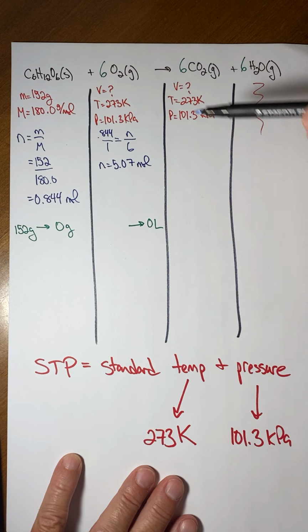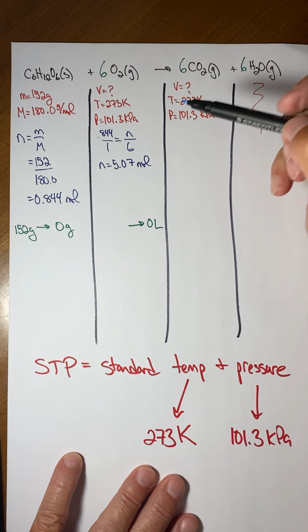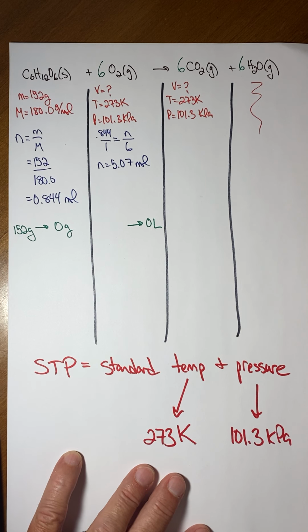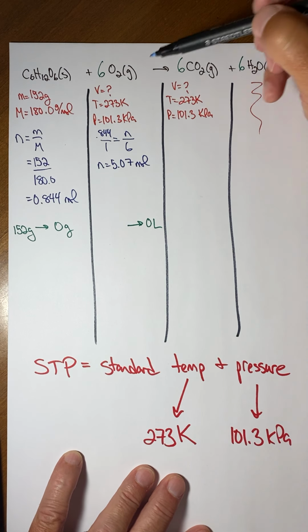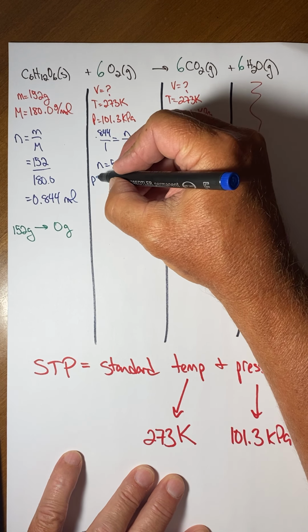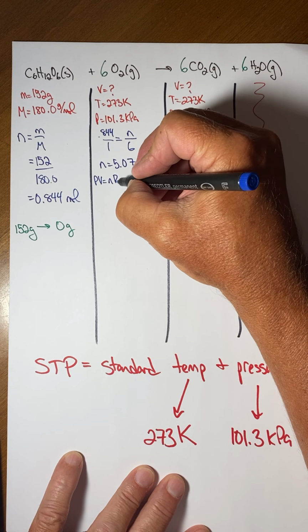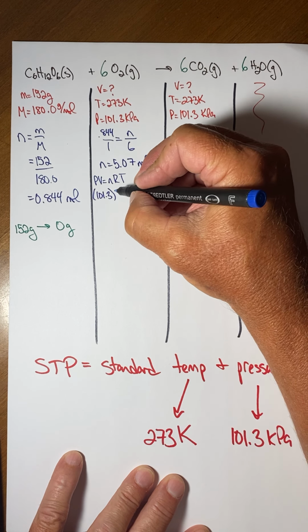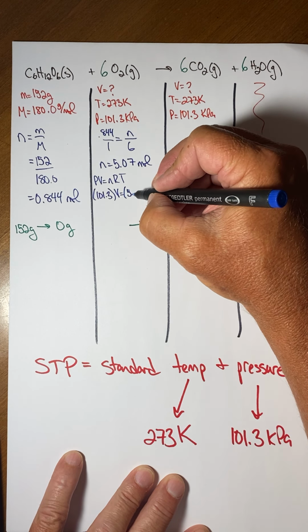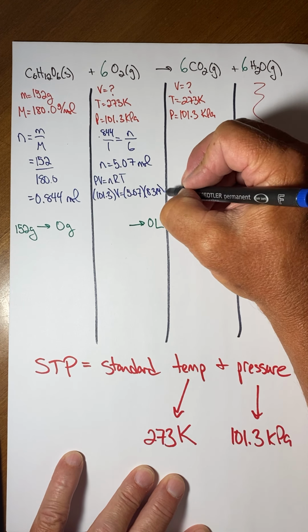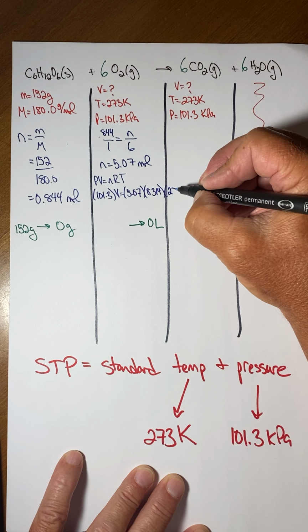Okay. Now, I want to find volume. It's a gas. Now, be careful. You're not using n equals C times V here. That's only used for solutions. This is not a solution. It's a gas. So I have to use the ideal gas law. PV equals nRT. So my pressure is 101.3 kilopascals. Volume is what I want to find. n is 5.07. R is 8.314, and my temperature is 273.